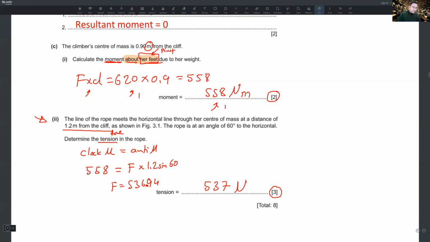I could easily have said over here 620, which is her weight, times 0.9, which is force times distance. So we already did that. If she was heavier, if she had more weight, you would need more force. If she was lighter, she had less weight, you would need less force.